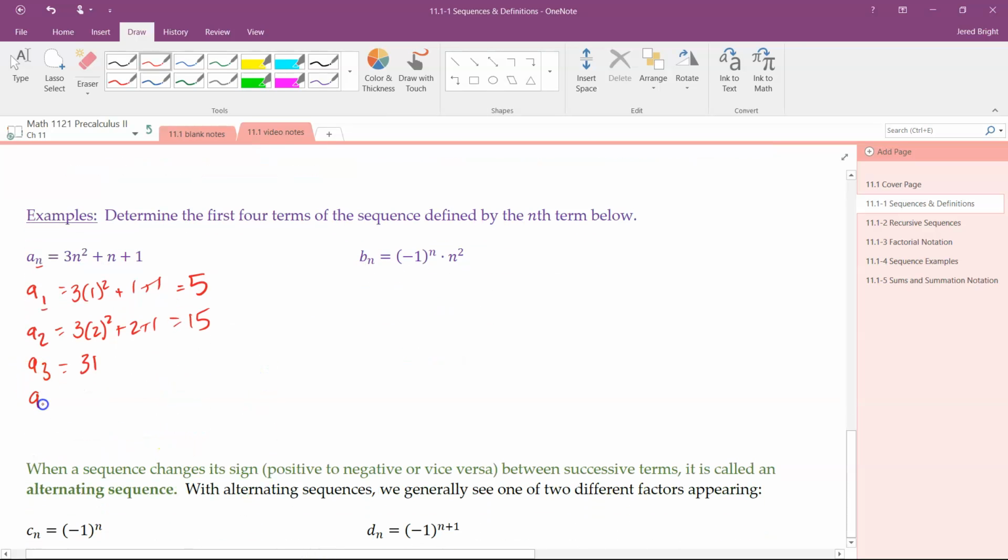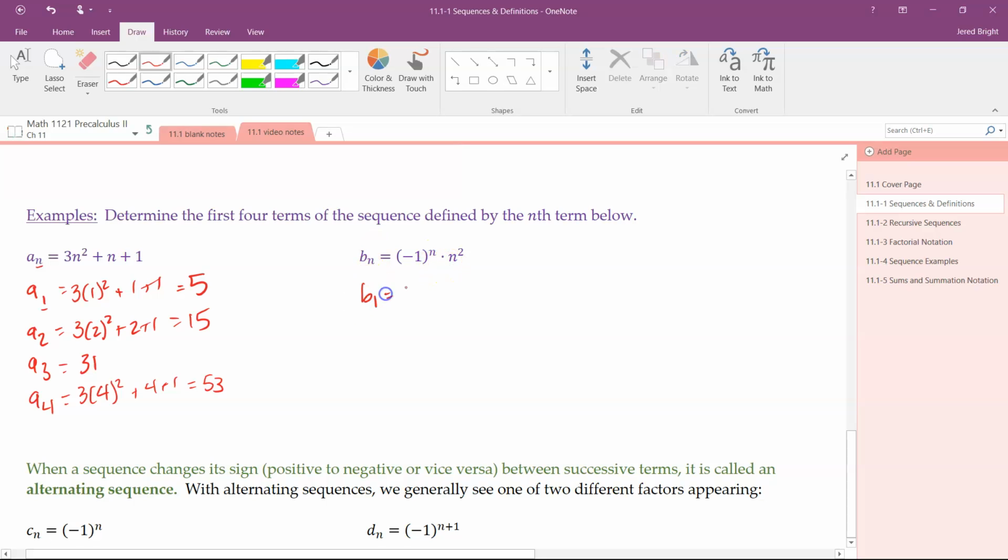And then a4 is going to be 3 times 4 squared plus 4 plus 1. So 16, 48, 52, 53. So there we go. With b sub n now, this one has negative 1 to the n times n squared.